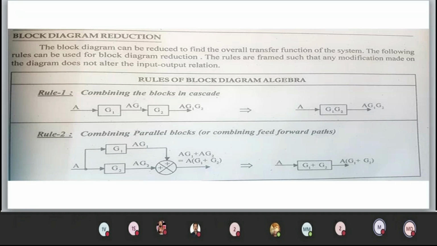The output of the first block is A into G1. The output of the second block is A into G2. So the combination is nothing but A into G1 plus A into G2. When both blocks are connected in parallel, you need to add.